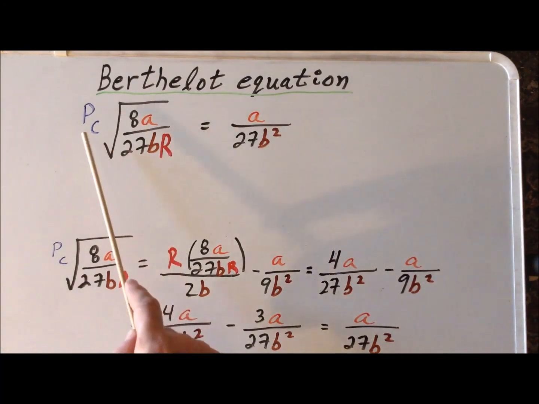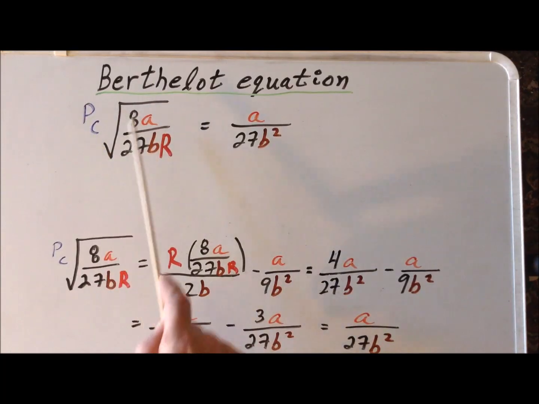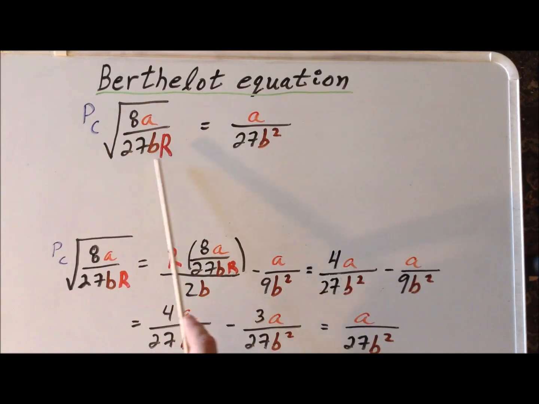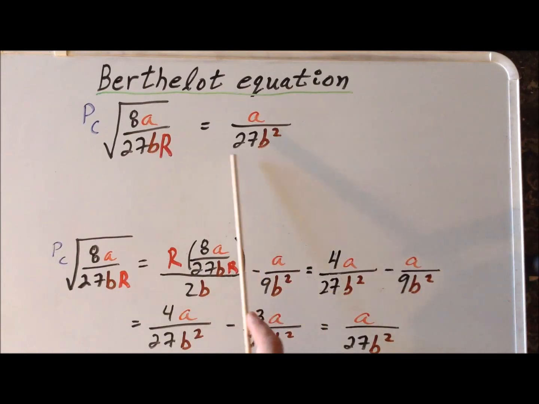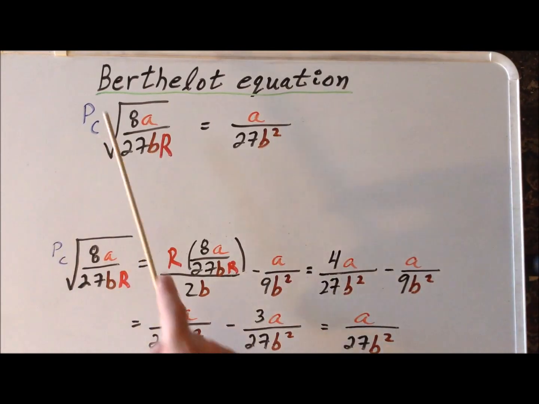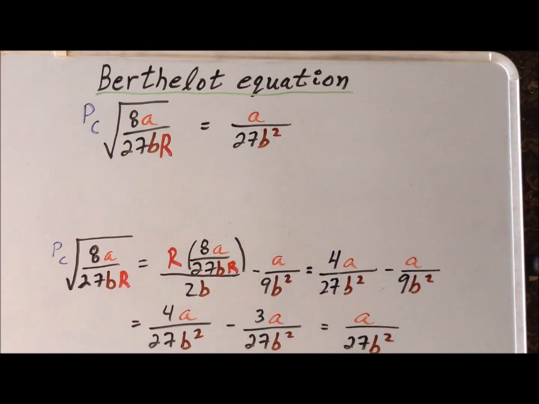Summarizing where we are, we have that the critical pressure times the square root of 8a over 27br is equal to a divided by 27b squared. Now we want to get the critical pressure alone on the left-hand side of the equation. We want to solve for that particular quantity. So we're going to multiply each side by the reciprocal of the square root of 8a over 27br.